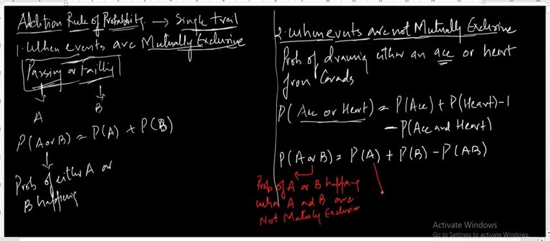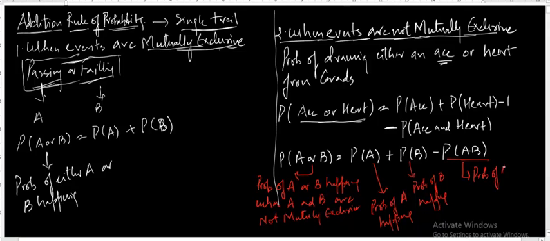This over here is the probability of A happening. This is the probability of B happening, and this over here is the probability of A and B happening together.